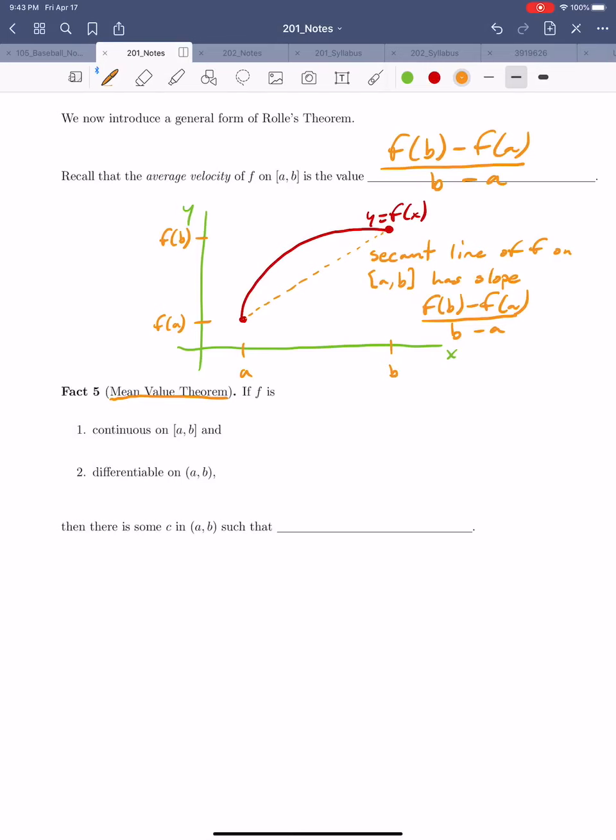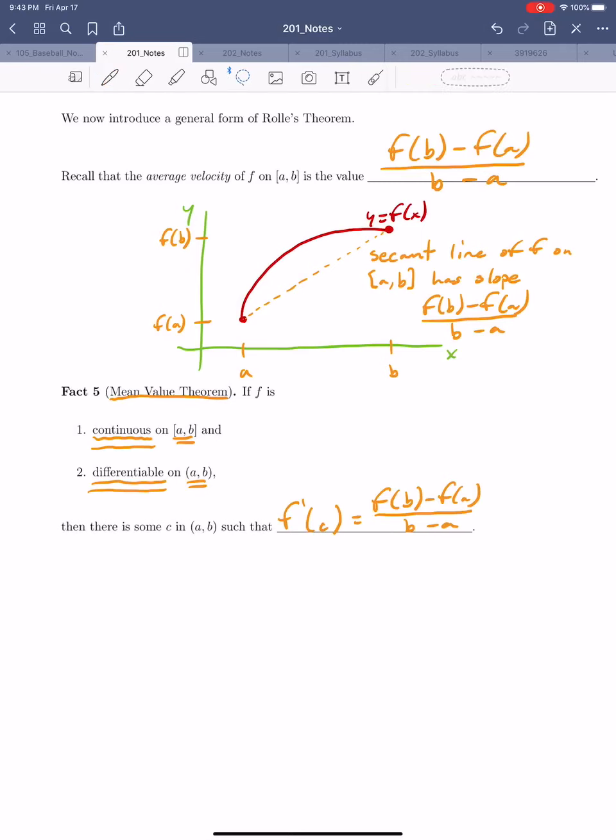This says that if a function f is continuous on the closed interval a to b, just like with Rolle's theorem, and differentiable on the open interval from a to b, again, just like Rolle's theorem, but that's it. Those are the only two conditions. We just have the continuous and the differentiable. Then there's some c in the open interval a to b, such that f prime of c equals, you guessed it, f of b minus f of a all over b minus a.